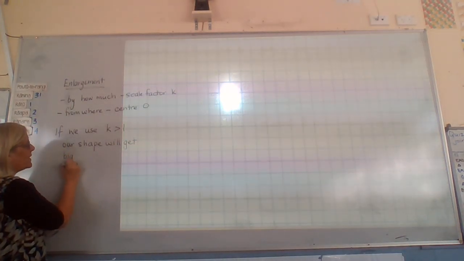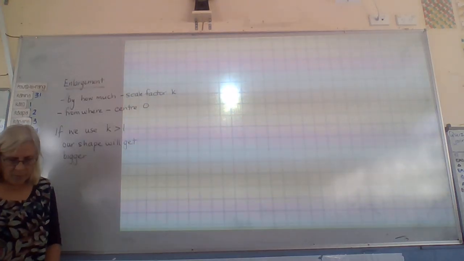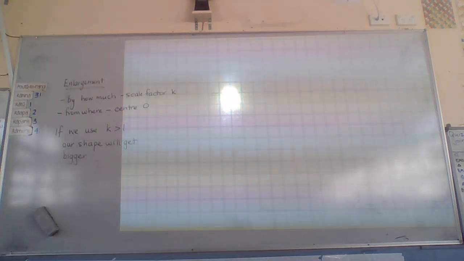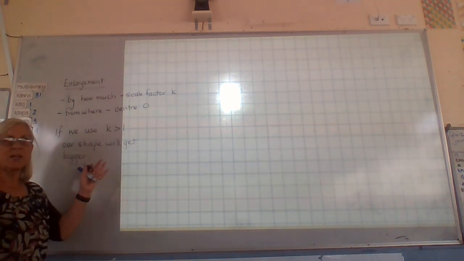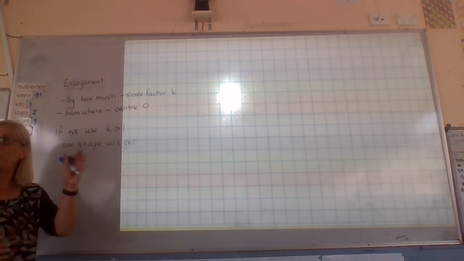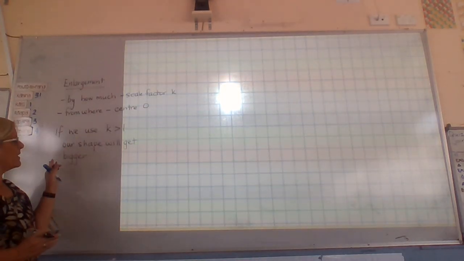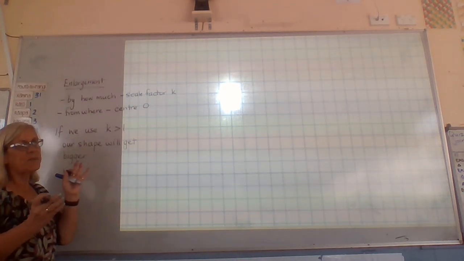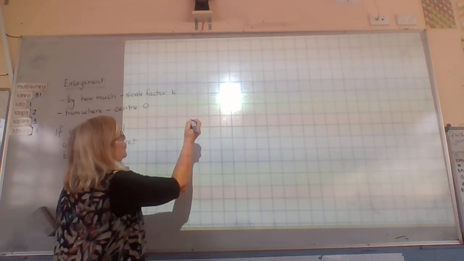So normally we assign 2 marks, but we don't mark out marks anymore, but we assign 2 marks to being able to enlarge. One that you know how the shape changes by getting bigger or smaller, and one that you know where it will end up being once you've enlarged it. So if we use K greater than 1, our shape will be bigger. So there are 2 cases of this, but the rule is the same.